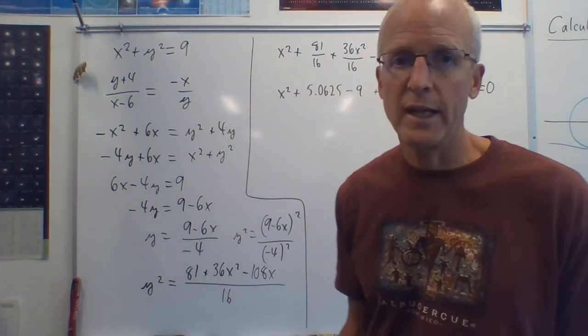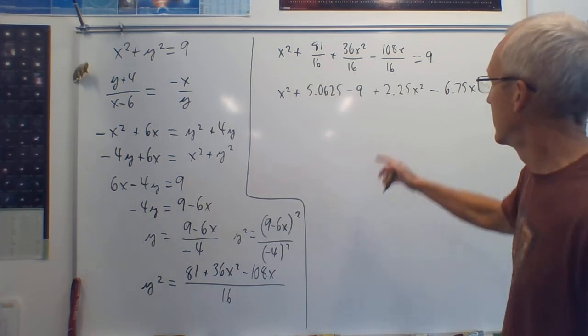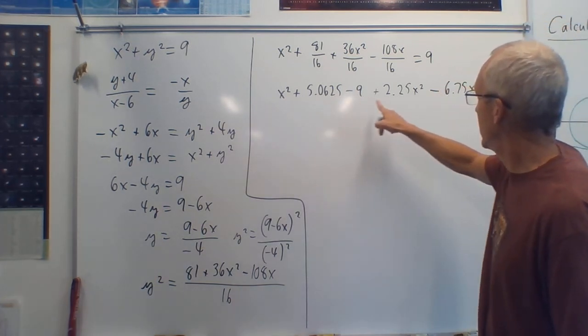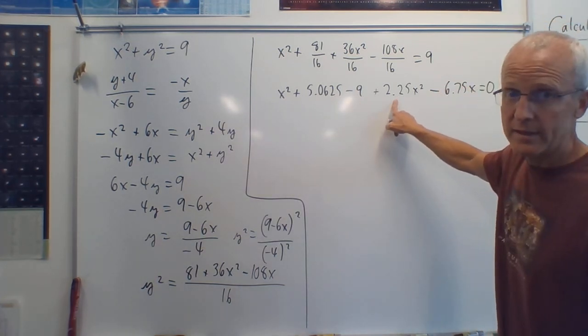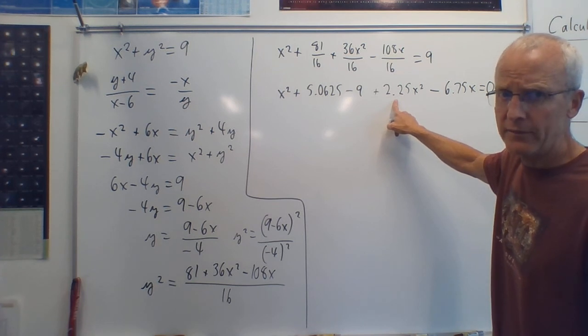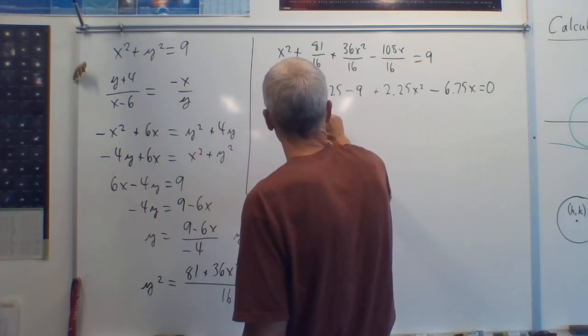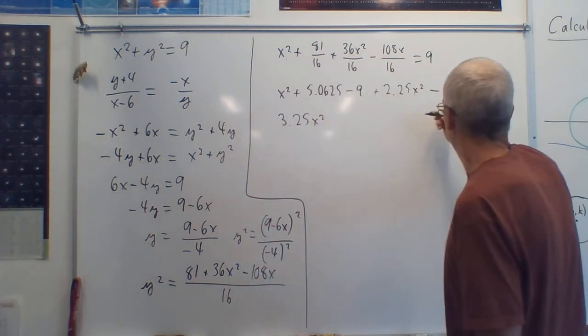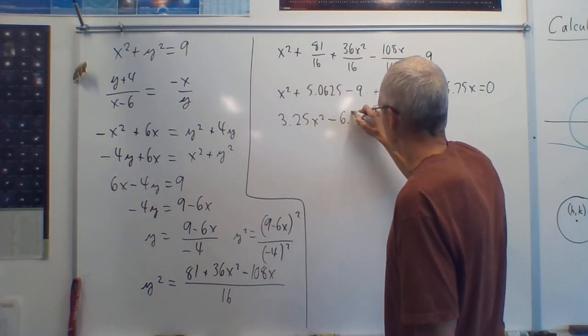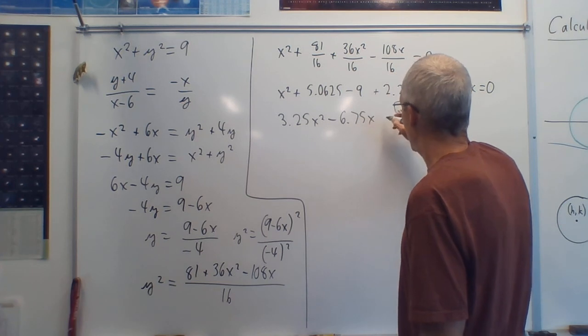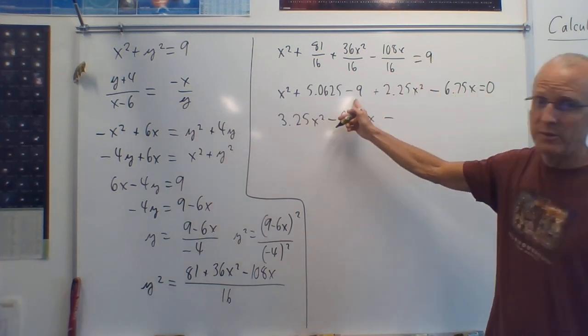It almost looks like the quadratic formula. Let's combine the x squareds. We have 1x squared and 2.25x squared. So that's 3.25x squareds. We only have the 1x minus 6.75x minus, because the 9 wins, right?